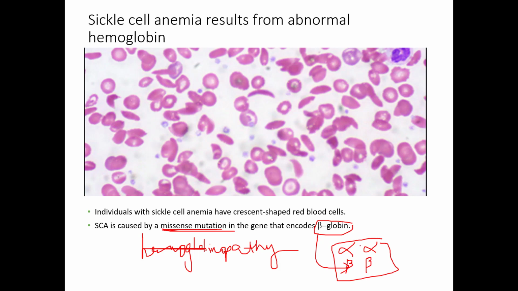And what this does is the hemoglobins start to stick together in these big clusters. Instead of just having the individual hemoglobins floating in the red blood cells, but not attached to any other hemoglobin inside of that cell, they all clump together.